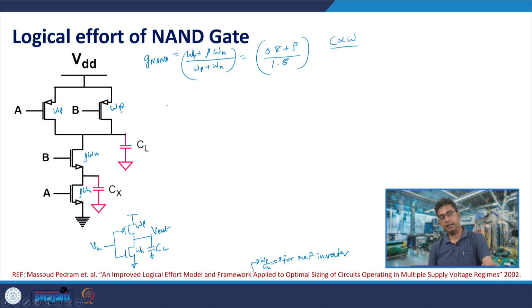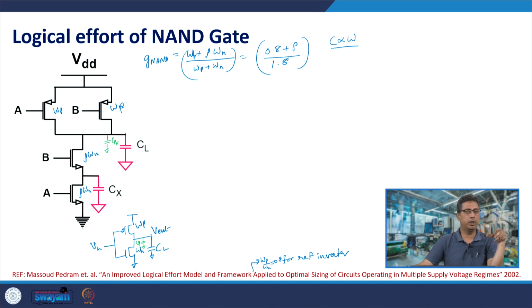What about parasitic delay? Parasitic delay, again, is with respect to that of the inverter. If we assume that the inverter has a parasitic capacitance Cp, the NAND would also have a parasitic capacitance Cp NAND. If we assume the parasitic capacitance to be proportional to the width, which is not a very bad assumption because the parasitic capacitances are mainly due to overlap capacitances, gate overlap and spacer, and junctions.